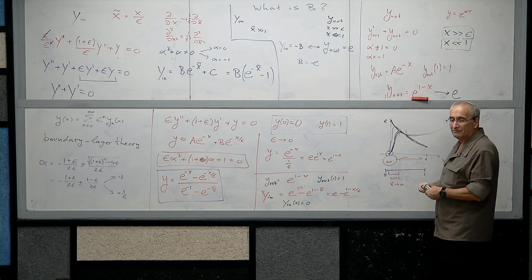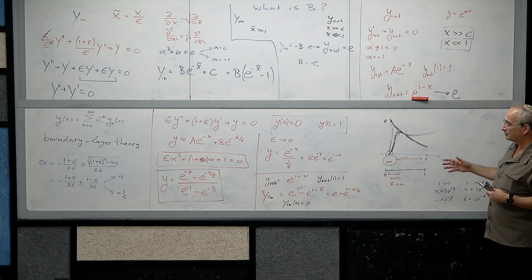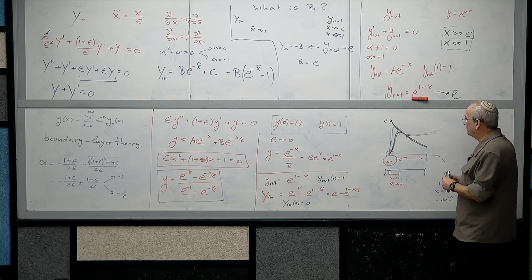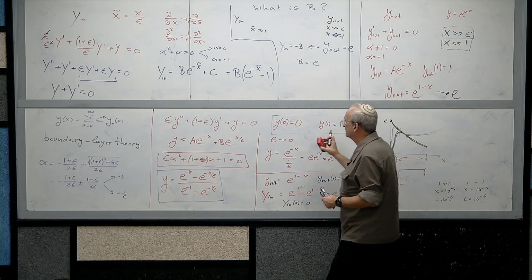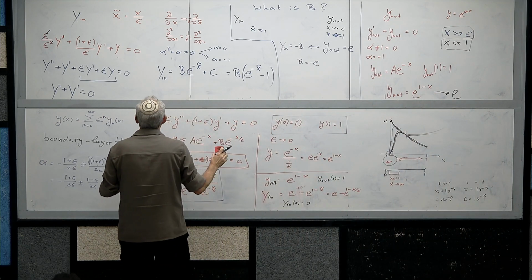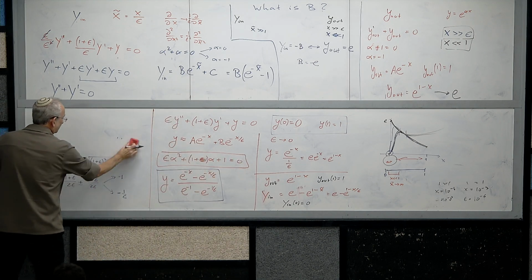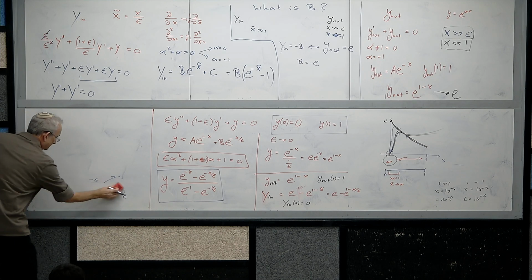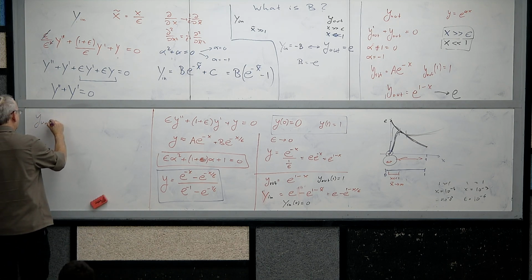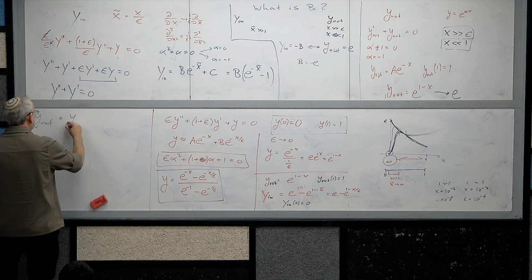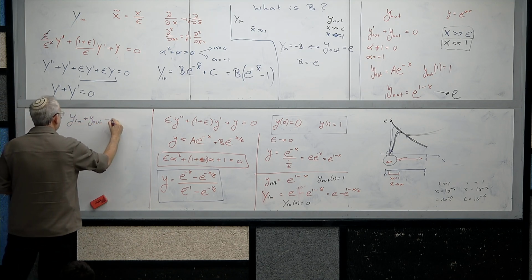The uniform approximation is defined as y in plus y out minus y overlap.